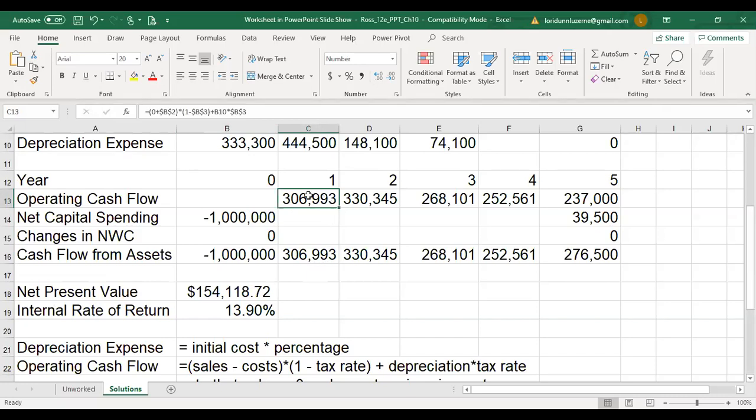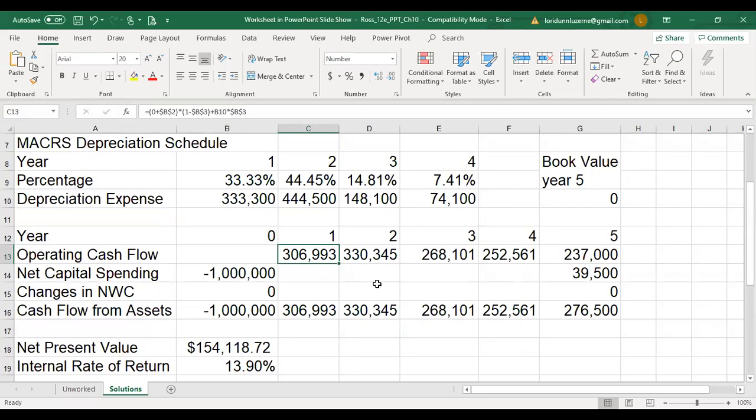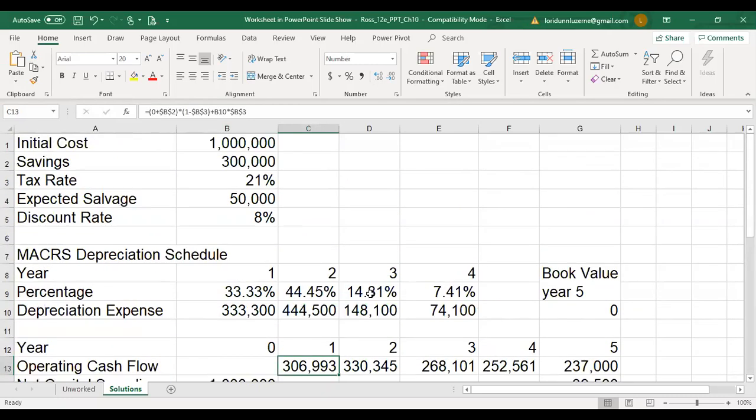Well, that's how they got the 306,993. What they did was they put it directly in a formula up here. And here's what they said. Operating cash flow will be B2, the cost savings, times 1 minus the tax rate. So they're taking that tax shield approach to doing the calculation.